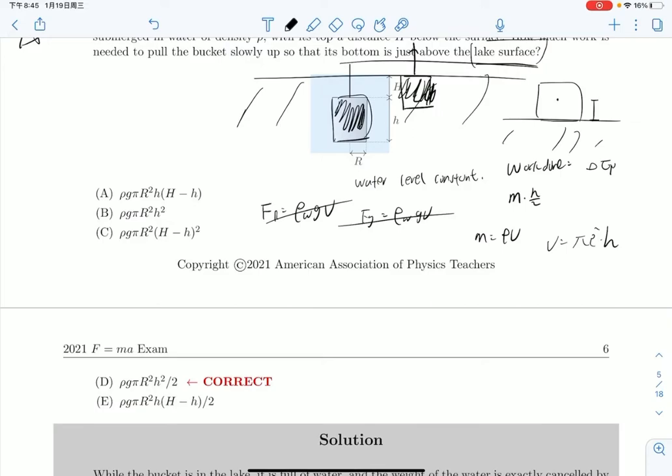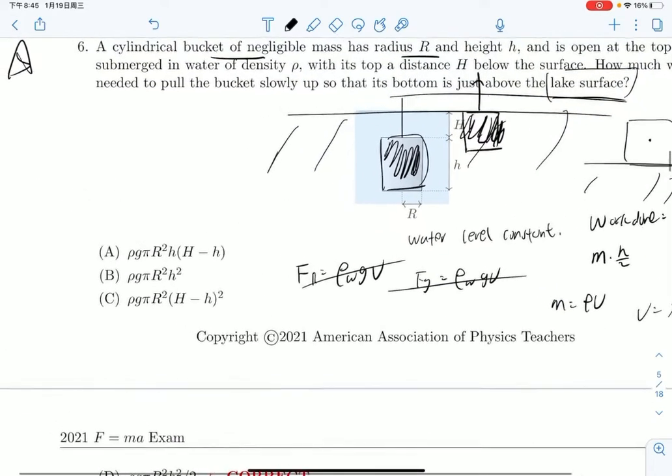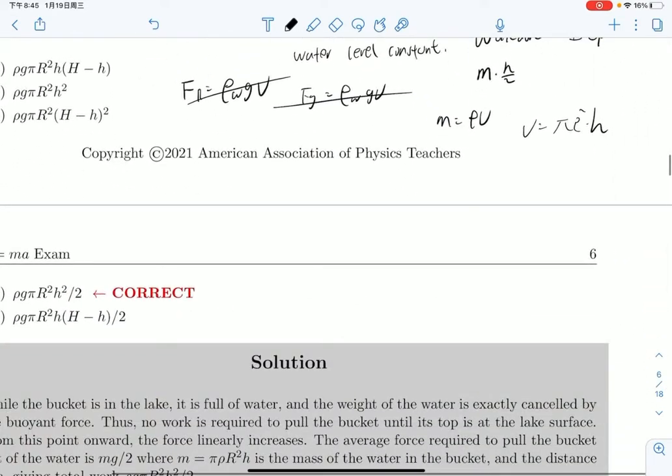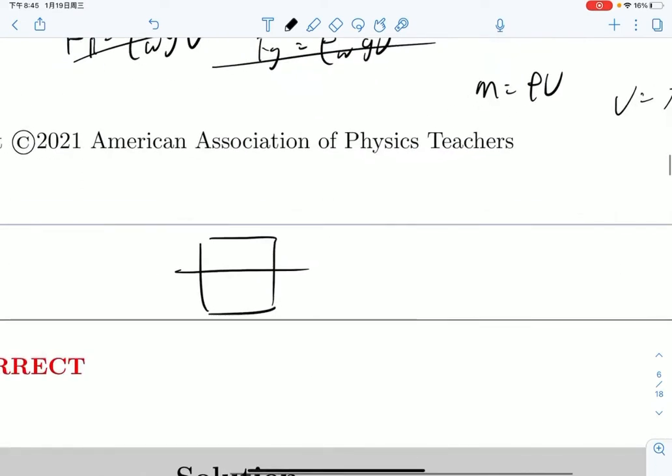If you want to solve this question rigorously, you will need to consider first when the bucket is emerging a distance of x.